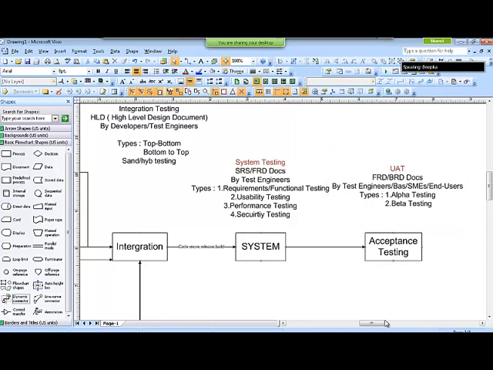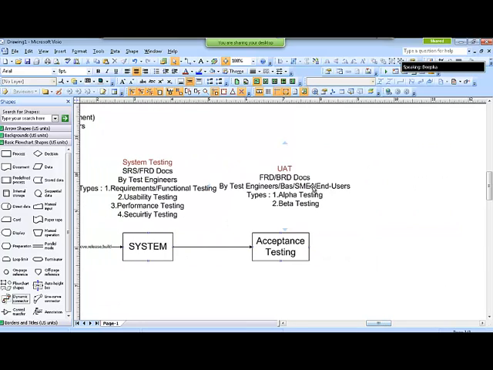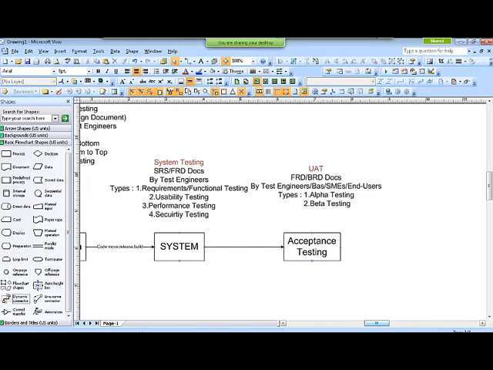Yes. Right. So now I'm done with the acceptance testing. The next level is going to be go live. I cannot say production, but I'll say just go live.